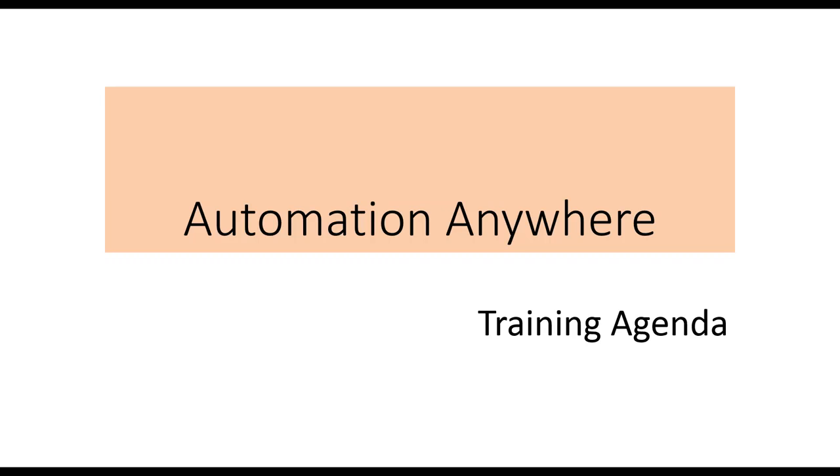If you want to use this tool for testing, you can go ahead and use it. But in the market, it is currently used for process automation. Just for your information, Automation Anywhere has a specific testing tool as well called Testing Anywhere, which is built to do automation testing. So maybe you can check that as well.